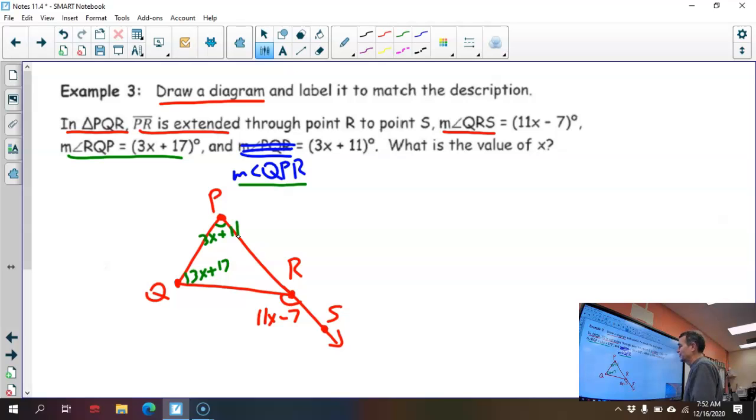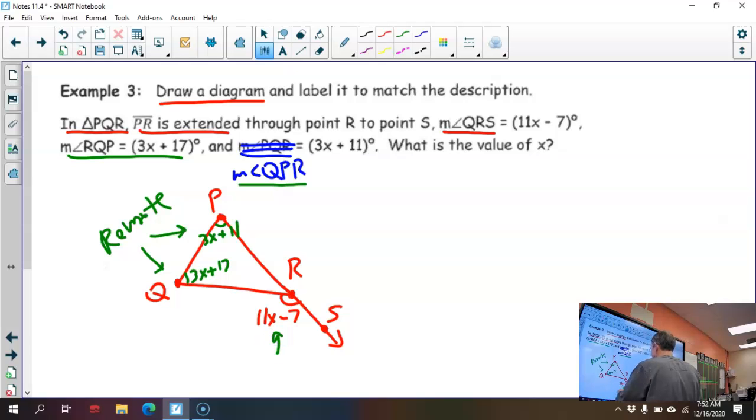Okay. So in this diagram, what it has given me, it has given me these two angles, which of course are the remote interior angles for this exterior angle. So I can use the first rule we learned today, which is when you add the remote angles together, it will equal the exterior angle.